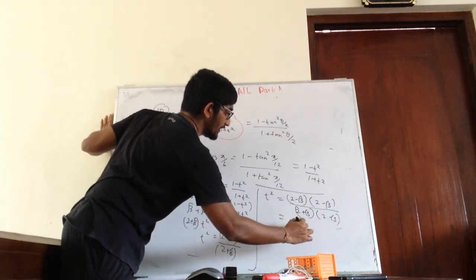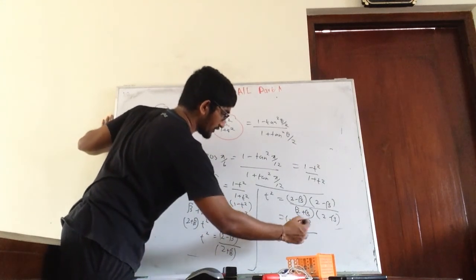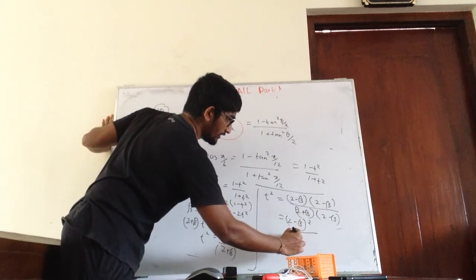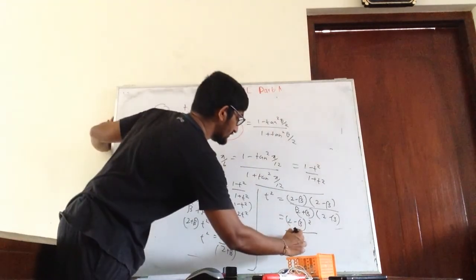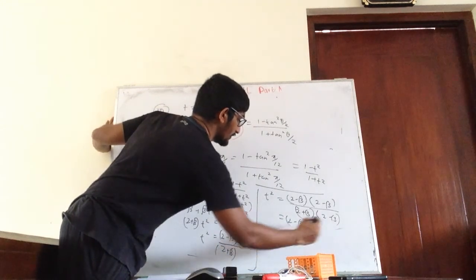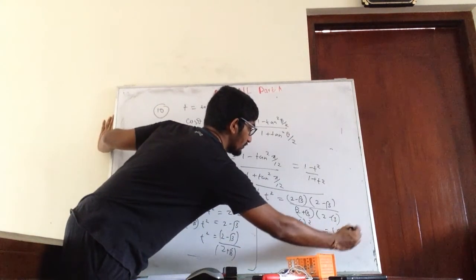Then I will get 2 minus square root 3 square over 2 minus square root 3 times 2 plus square root 3, which is 4 minus 3. So then you will get 2 minus square root 3 square.